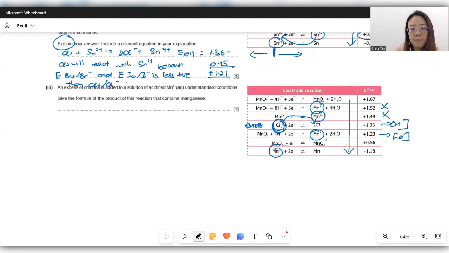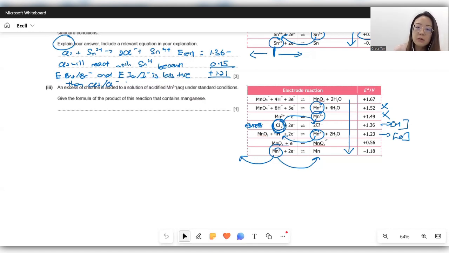Okay, I repeat again. If you pick this manganese at positive 1.23, you can shift left to undergo oxidation. Okay, if you pick the negative 1.18 for oxidation, then you have to shift left to nothing. Correct or not? You only can shift right in this equation, which is reduction for the negative 1.18 version. Correct?